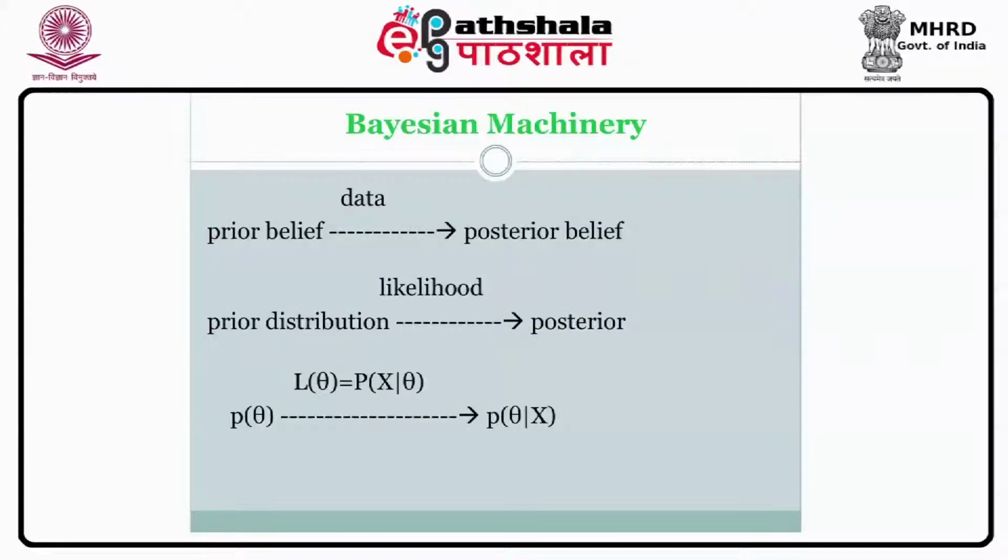So what is the Bayesian machinery? You start with a prior belief on the state of nature or state of uncertainty, which is theta, and you use your data set, combine these two, and then you draw your posterior belief.